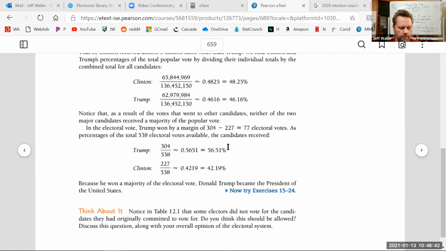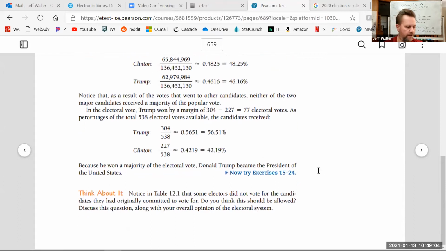So you can see that's the thing that matters. The electoral votes you get is what matters. The popular vote, the way it's set up, doesn't overall matter. Okay, is everybody with me? All right, so this time, somebody had to win by 8 million votes just to make sure they actually could become president. All right.